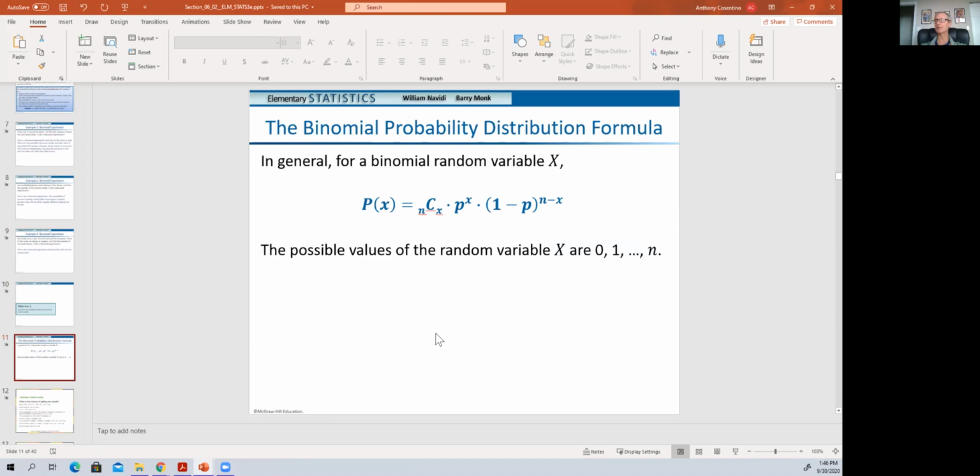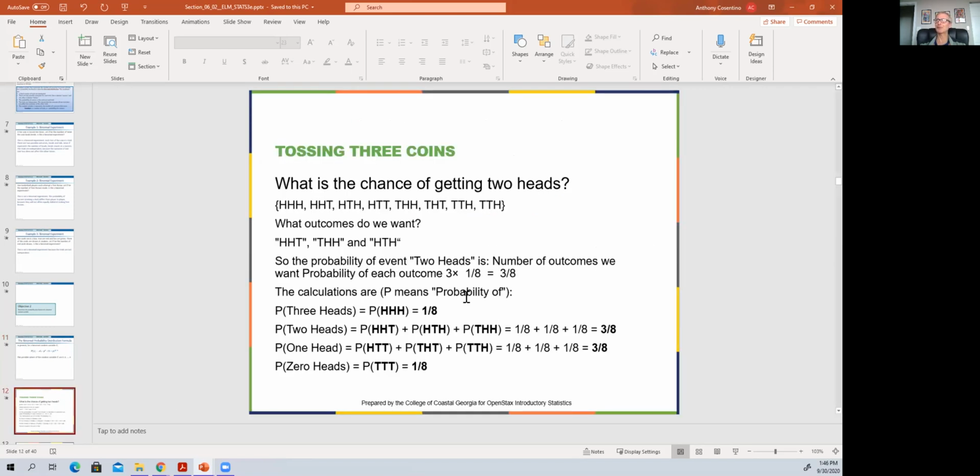Some of you might not even know what C means, and that's the combination of n events occurring X number of times. Then you take the probability to the exponent X and 1 minus P to the n minus X. So that calculation becomes quite challenging. So I'm going to show you how to do one by hand. There's a bunch more examples in the books that show you how to do it by hand if you're super interested. But let me do one here with this example.